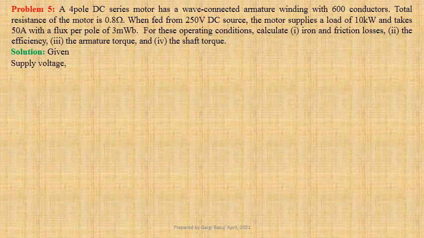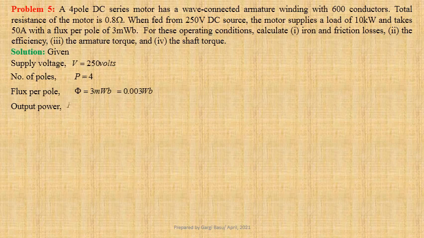Supply voltage V equals 250 volts. Number of poles of this machine P equals 4. Useful flux per pole phi equals 3 milliweber, that is equal to 0.003 Weber. Output power PO equals 10 kilowatt, that is equal to 10,000 watts. Given line current IL equals 50 ampere.